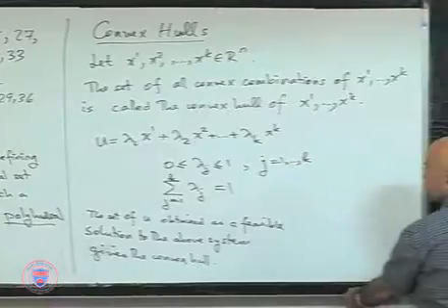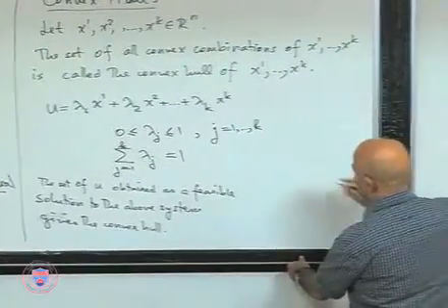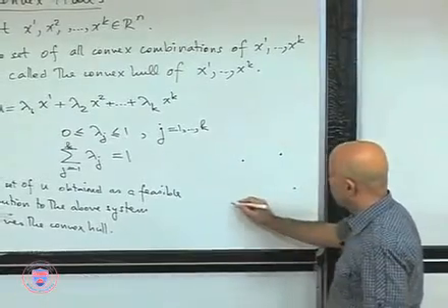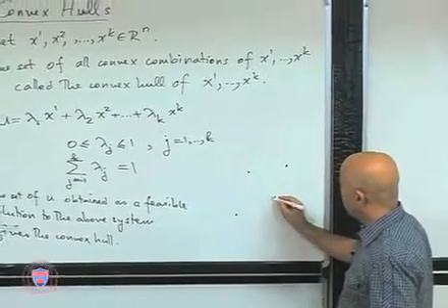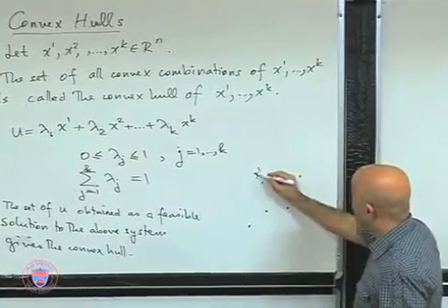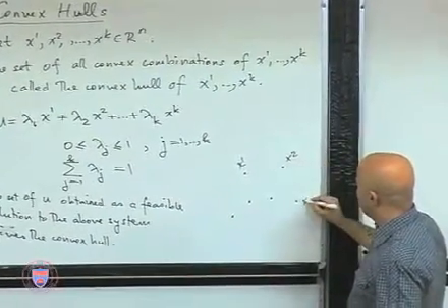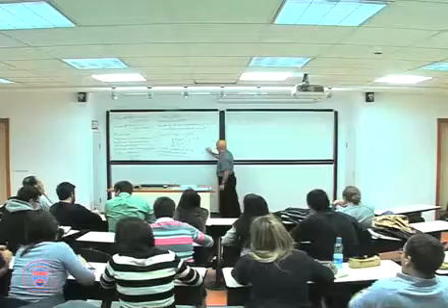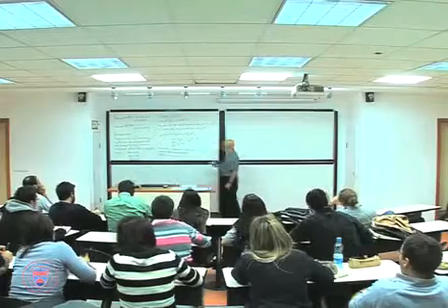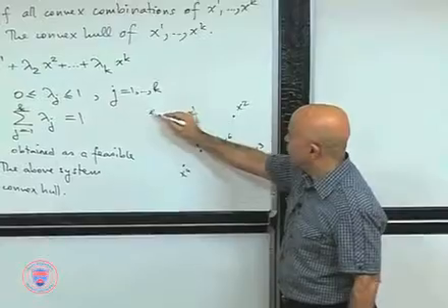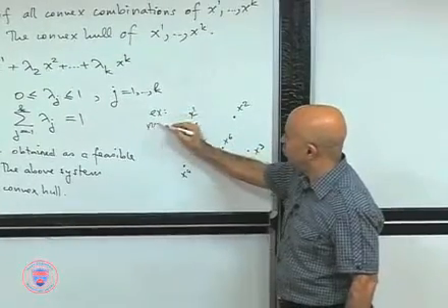So just pictorially, in 2 dimensions, if your points are, for example, these points, x1, x2, x3, x4, x5, x6. These are points in your 2-dimensional set. So this is an example for n equals 2.